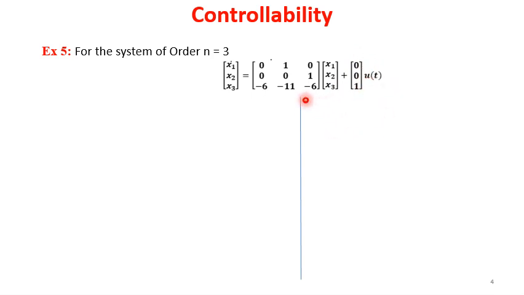Here the order of the matrix is 3 because A is a 3 by 3 matrix. So m into n, here n is equal to 3. We need to check the controllability of the system by Kalman's test and by Gilbert test.